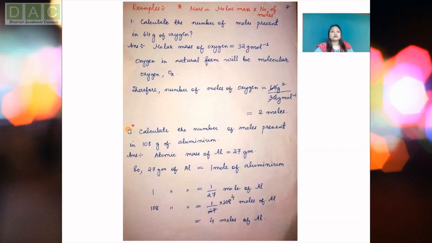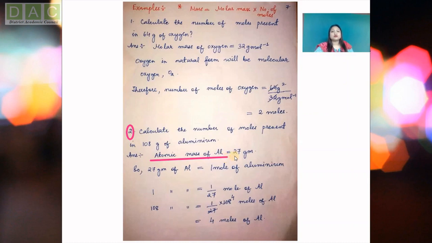Then in the second question, we can see, calculate the number of moles present in 108 gram of aluminium. So here we will use a different process. First, we will write the atomic mass of aluminium. So what is the atomic mass of aluminium?